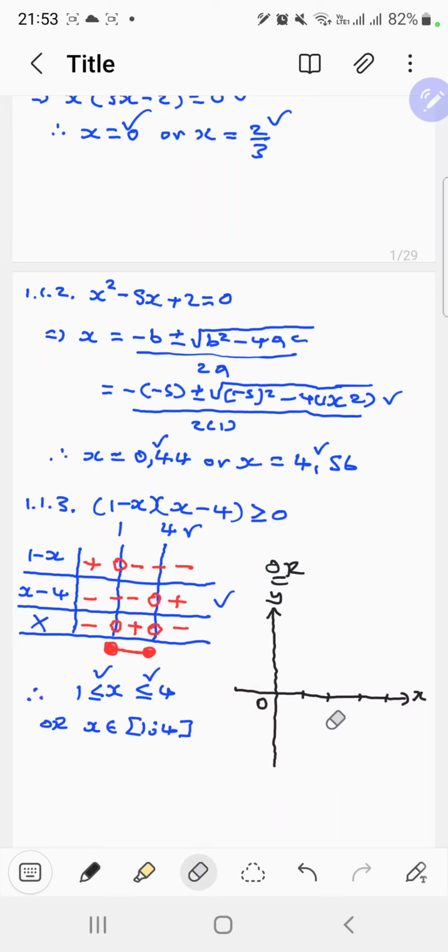We are only interested in these, and this is 4 over here. And our y-intercept is going to be minus 4 here.